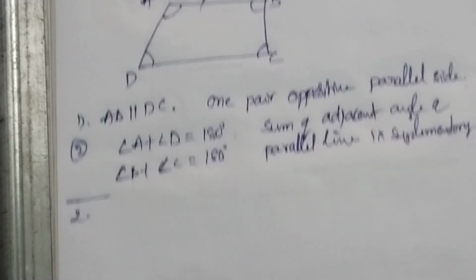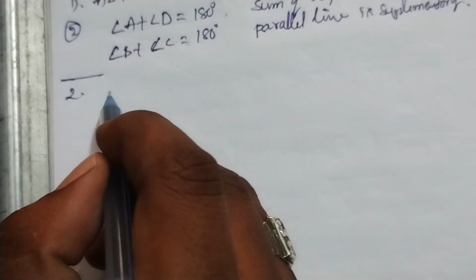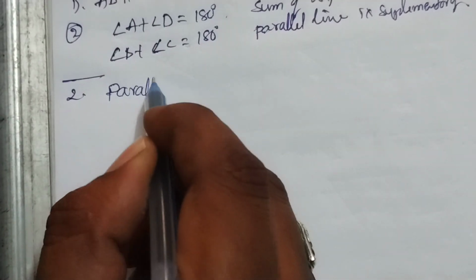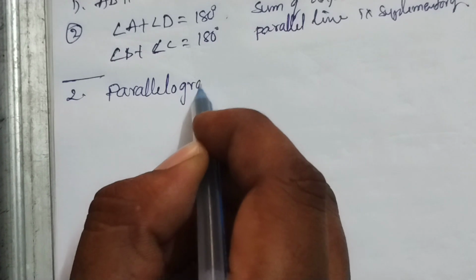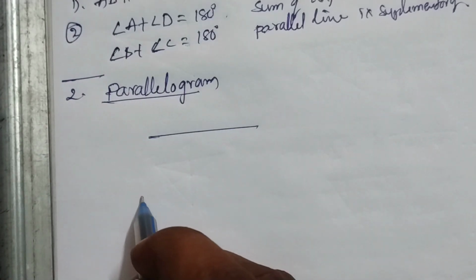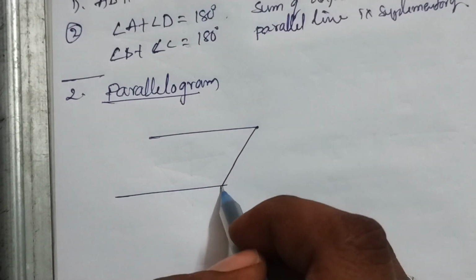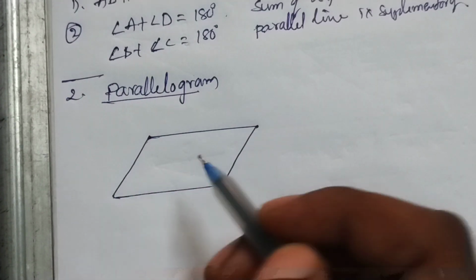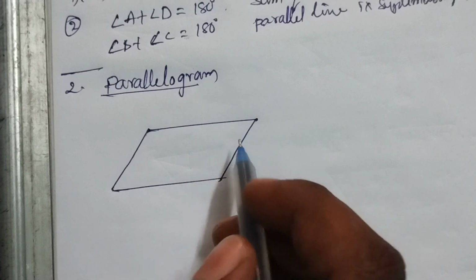Next, second, parallelogram. A parallelogram has opposite sides equal and parallel.